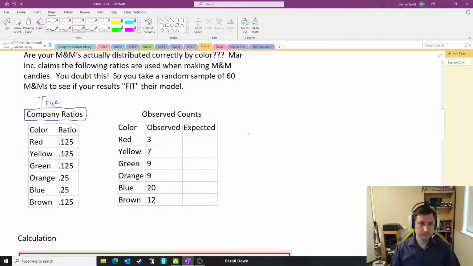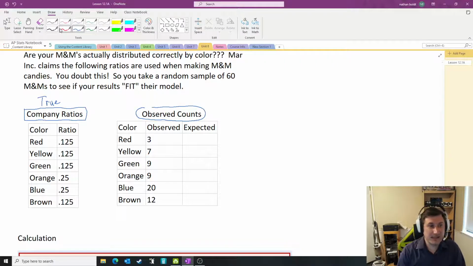So we take our sample. Over here is our observed sample. This is what we actually got. We got 3 reds, 7 yellow, 9 green, 9 orange, 20 blue, 12 brown. Now, using their ratios, how much would we have expected to get in a quote-unquote perfect bag of M&Ms? Well, 12.5% are red.